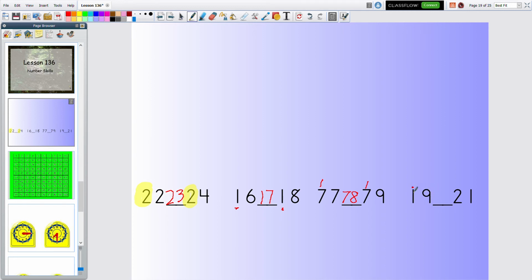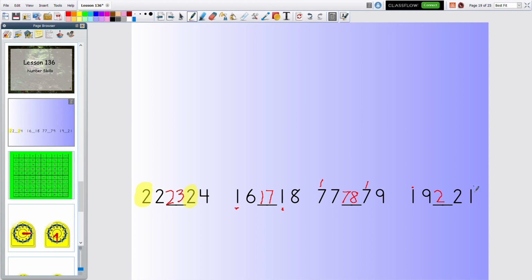So remember what we get whenever we go to the very bottom of the teen, or of a family, and it's a 9. We can't go any further down. See, it doesn't go down. So we have to go to the very top of the next family. So this is in the 20 family. So what do you think that's going to be? The teen family or the 20 family? It's going to be in the 20 family.